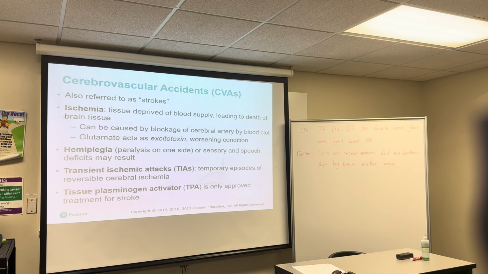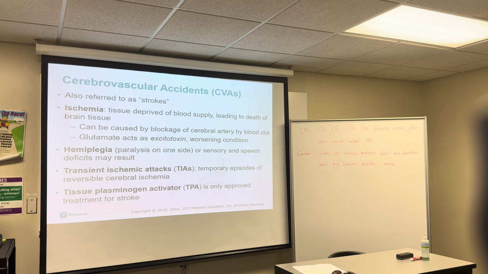No oxygen supply for a few seconds can actually damage your what? Brain, right? So ischemia, tissue deprived of blood supply. If you do not have the blood supply, what happens? No oxygen supply, leading to death of the brain tissue. It can be caused by blockage of a cerebral artery by a blood clot.